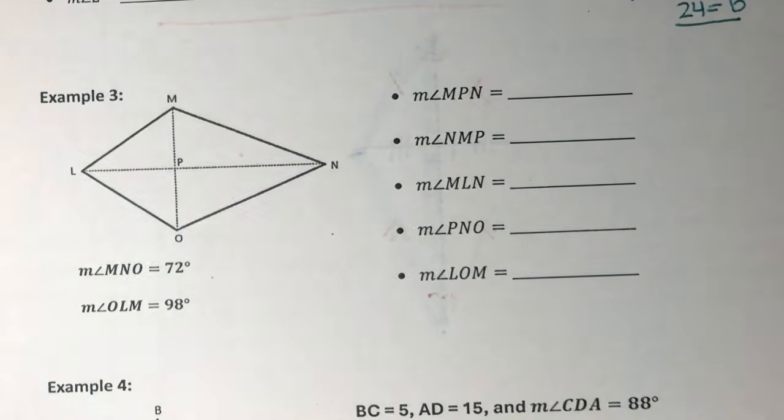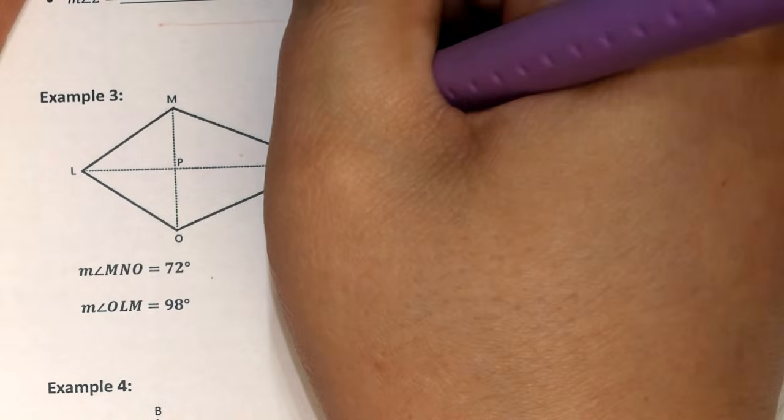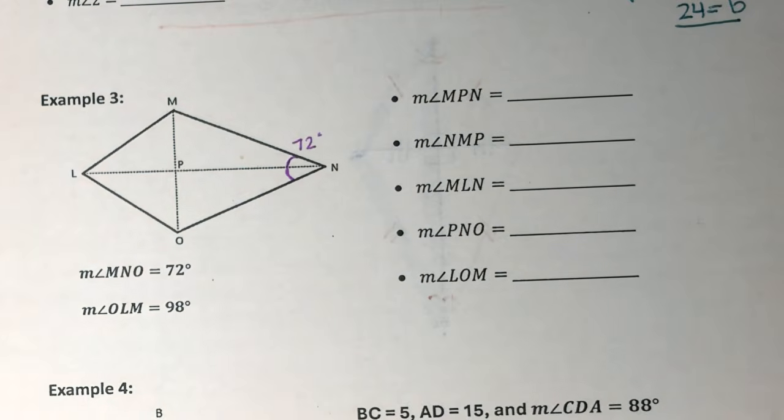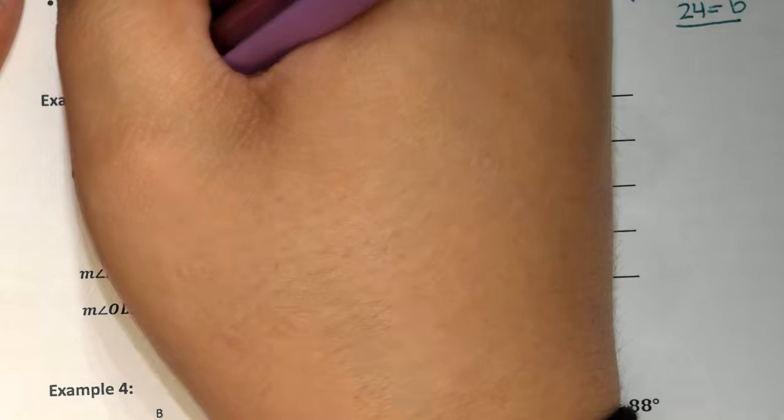All right. Look up, please. This next one is like a puzzle. Let's see if you can figure it out. MNO. MNO is 72 degrees. OLM, O to L to M, is 98 degrees.